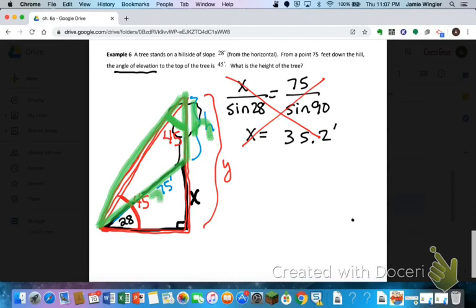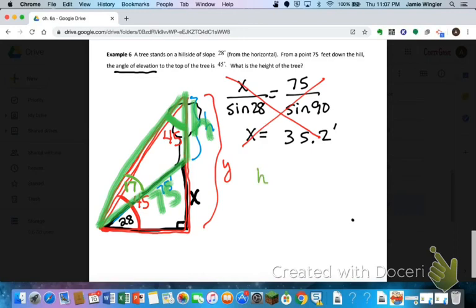I know that this side is 75 and it's opposite that 45. And I can find this angle down here by taking 45 minus 28. And that angle is going to be 17, and that's opposite my H. So this method actually gets me my answer a lot faster than the other way I was trying.